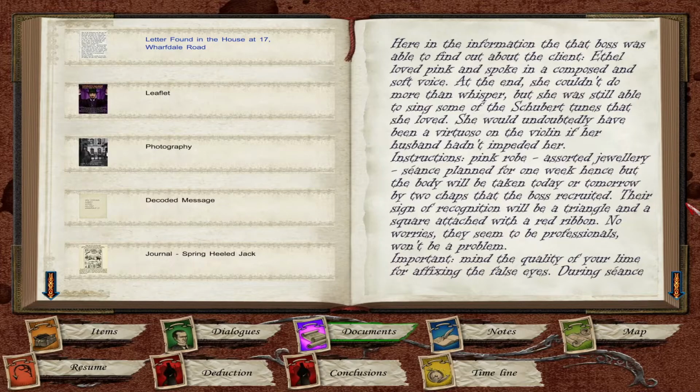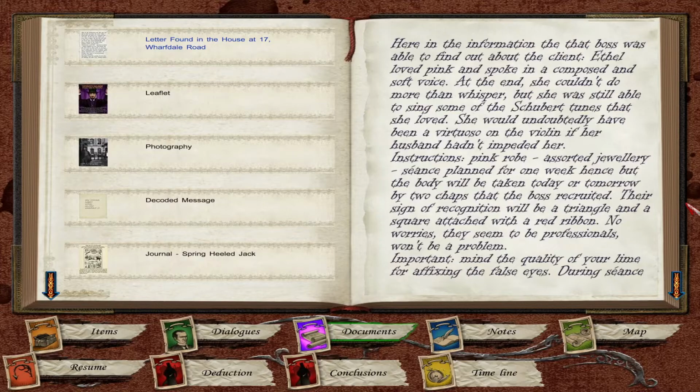Here is the information that the boss was able to find out about the client. Ethel loved pink and spoke in a composed and soft voice. At the end, she couldn't do more than whisper, but she was still able to sing some of the Schubert tunes that she loved. She would undoubtedly have been a virtuoso on the violin if her husband hadn't impeded her.